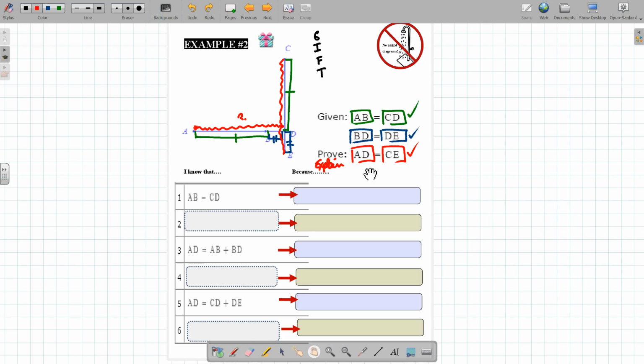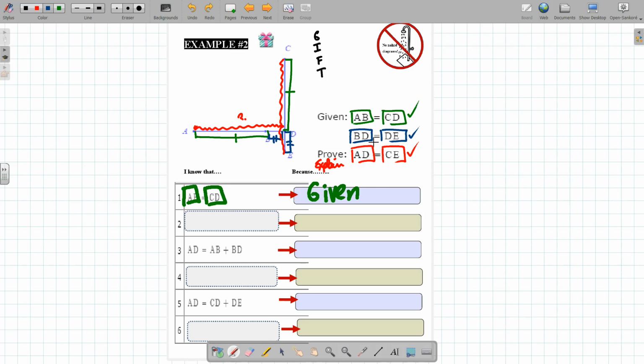We know that AB and CD are congruent. And we know that because it is given. All right, now let's ask ourselves, what else do we know here? What else is true?